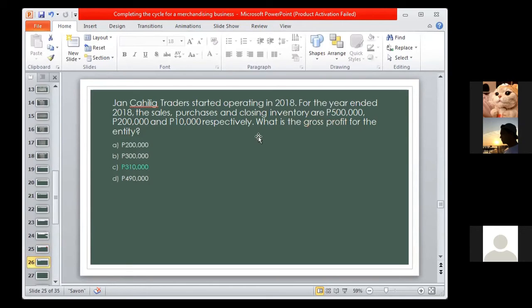Yun, tama. 310. So, madali lang, di ba? Computation naman yan is sales less cost of sales. Ang nakuha natin kanina is 190 na cost of sales or cost of goods sold. Tapos meron natin given na sales na 500,000, ipag-less niyo lang yun. So, 500,000 minus 190,000 is equal to 310,000 pesos.